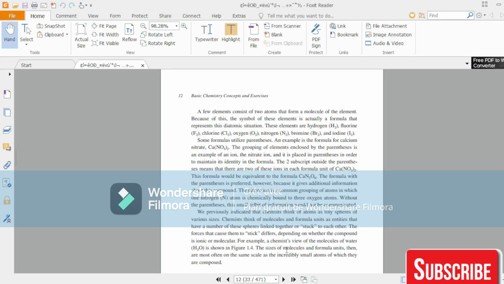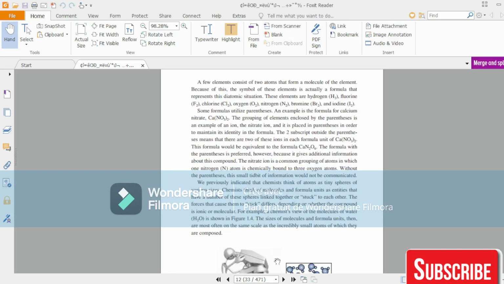For example, a chemist's view of the molecules of water, H2O, is shown in figure 1.4. The sizes of molecules and formula units are most often on the same scale as the incredibly small atoms of which they are composed.